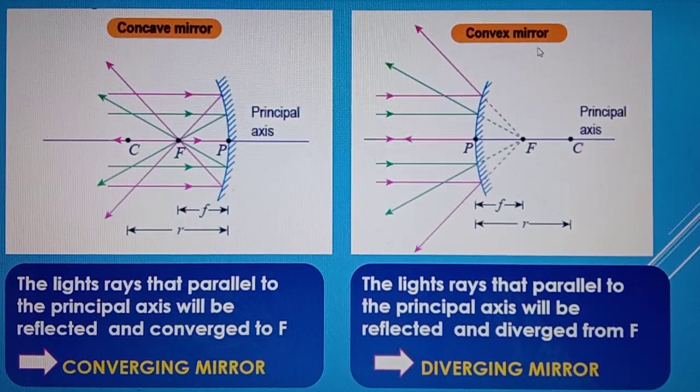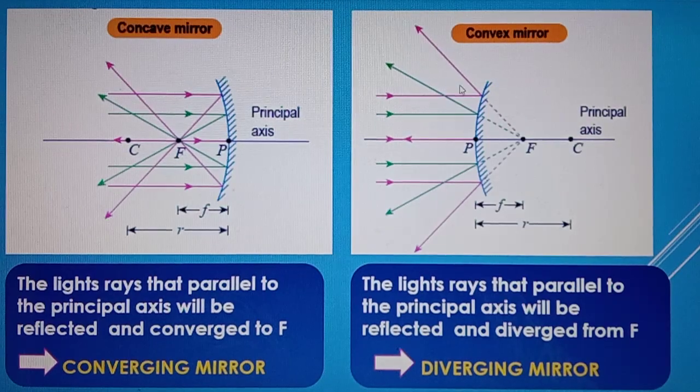Now we look at convex mirror. The shape curves outwards. Okay, so this is a line that we call principal axis. It passes through the pole of the mirror or center of the mirror. Parallel light rays are incident towards the convex mirror. This one also applies law of reflection.